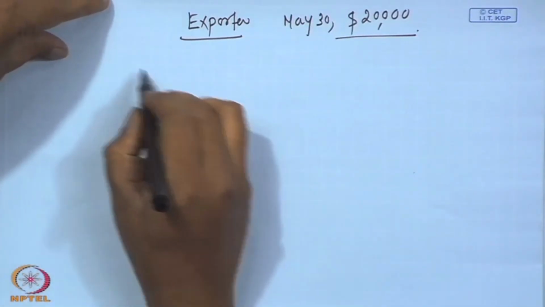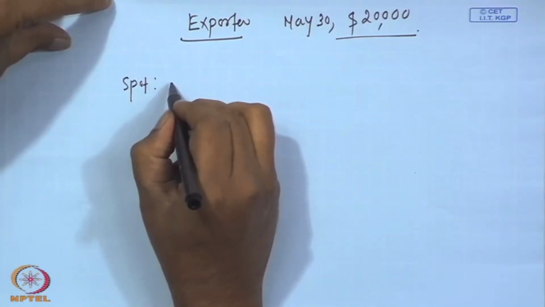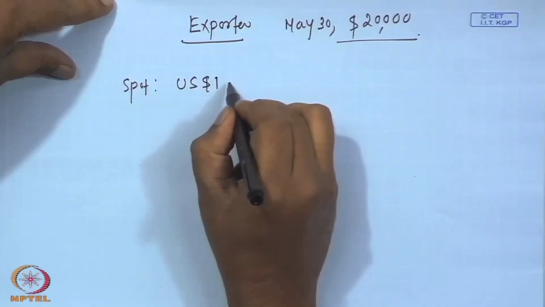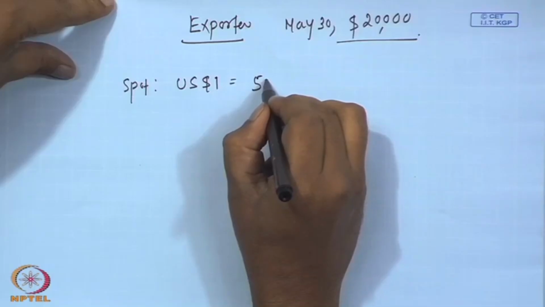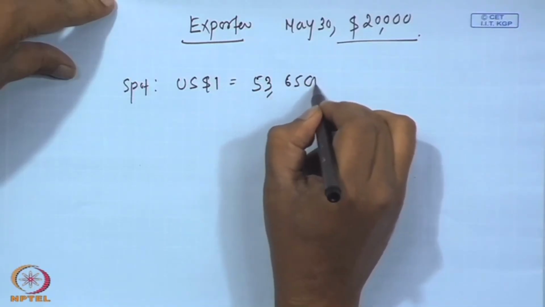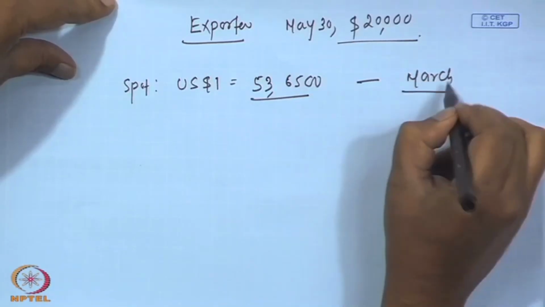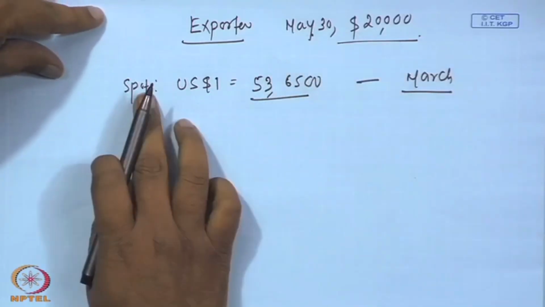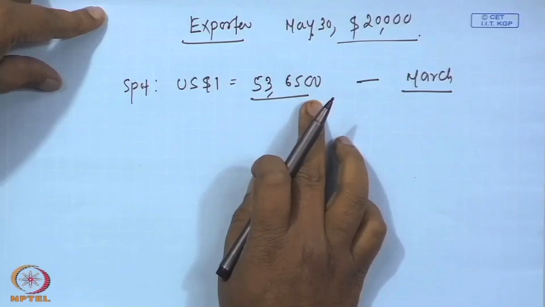Now, we are in March, and the spot rate for 1 USD in the month of March is 53.6500. The exporter receives the dollars on May 30th.